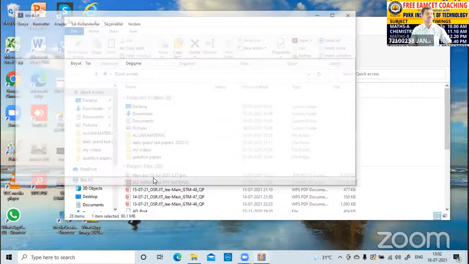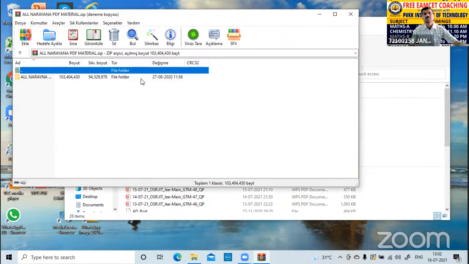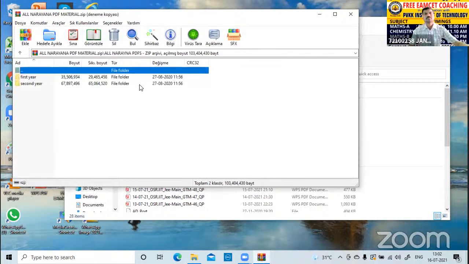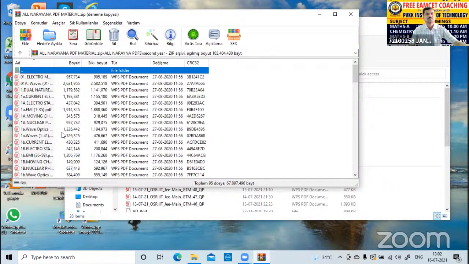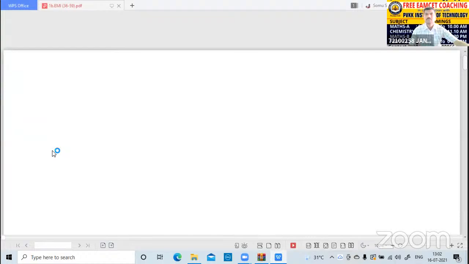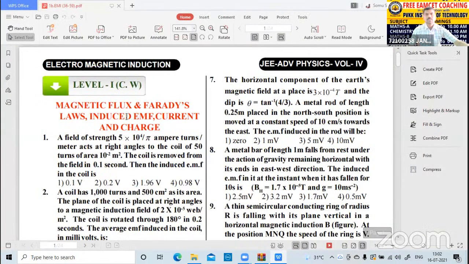Electromagnetic induction problems. Yes.